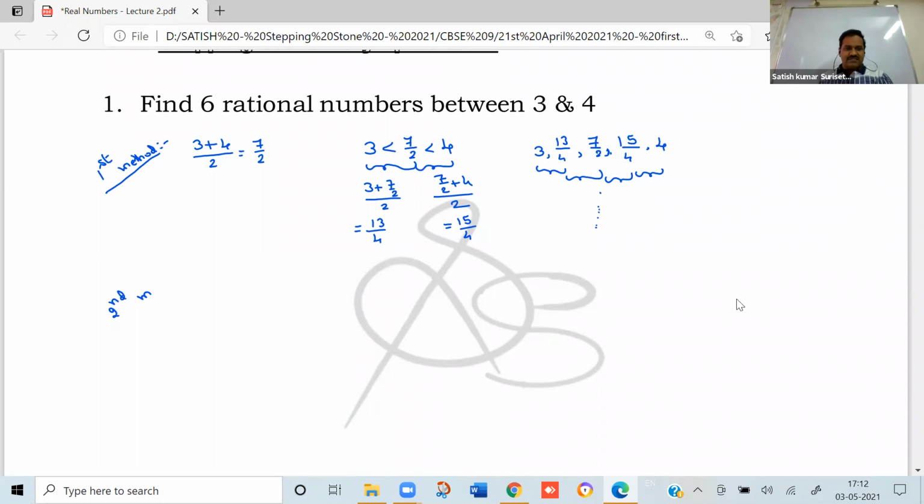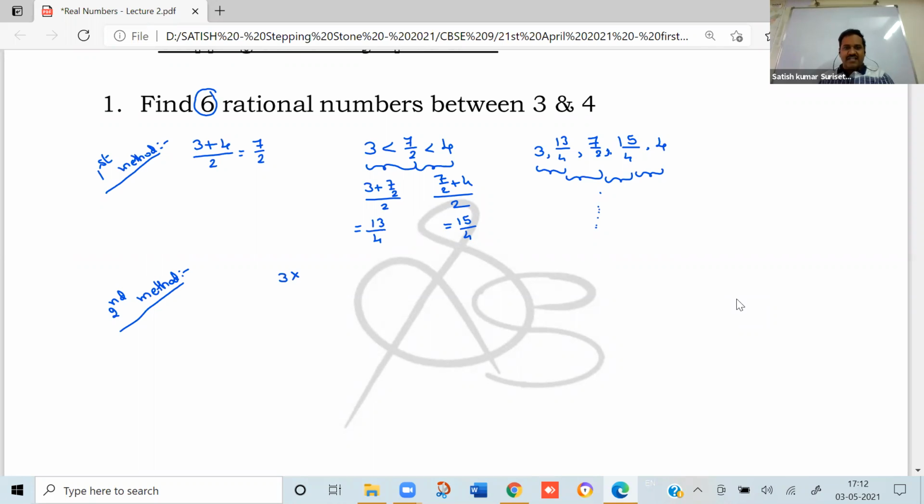Second method. When the difference is 1 between these two numbers, and we want 6 rational numbers between 3 and 4, you multiply and divide with 6 plus 1, that is 7.